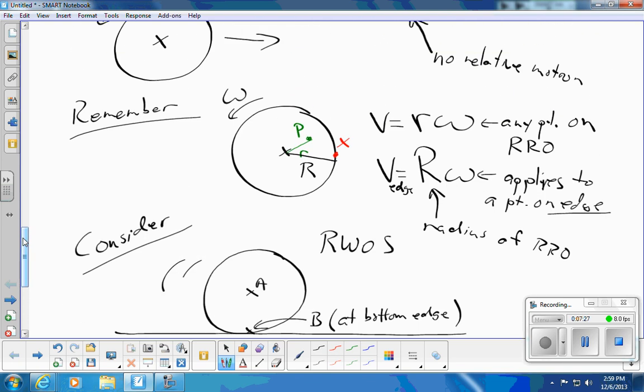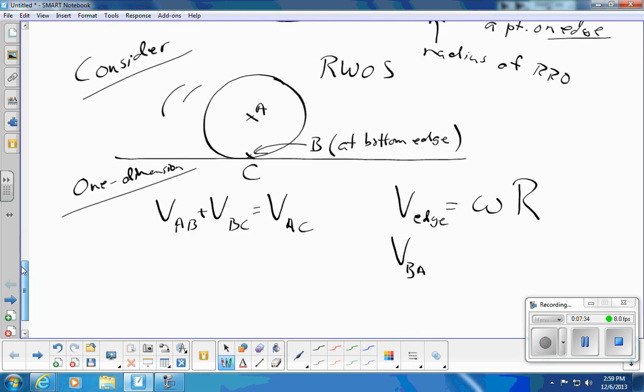Keep in mind that these equations up here, the V you get is a V relative to the axis. And so in this case, for point B, that is going to be VBA. And I'm going to write omega times R, and then I'm going to ponder this for a second.